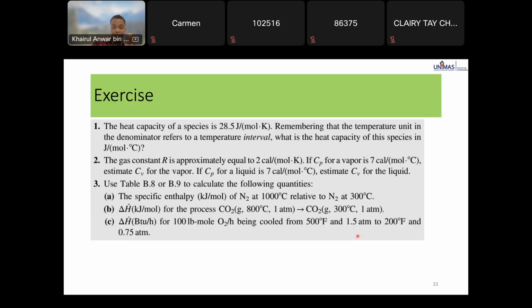Question 2. The gas constant R is equal to 2 calorie per mole Kelvin. If Cp for vapor is 7 calorie per mole degree C, estimate Cv for the vapor. If Cp for liquid is 7, estimate Cv for the liquid.